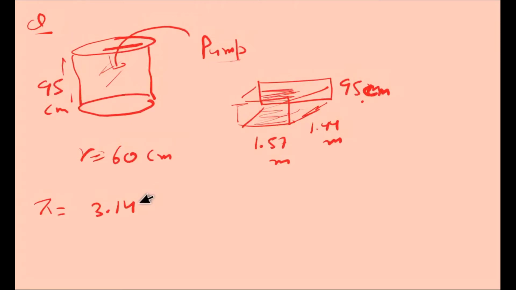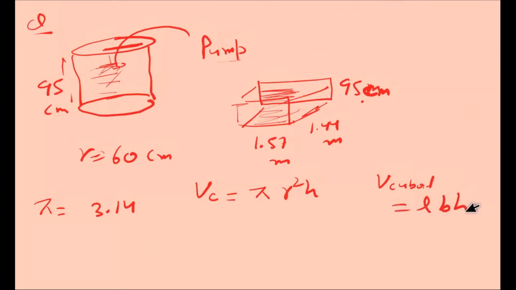We have to find the height of the water left in the sump after the overhead tank has been completely filled. Now, the volume of a cylinder is pi r square h, and the volume of a cuboid is lbh.